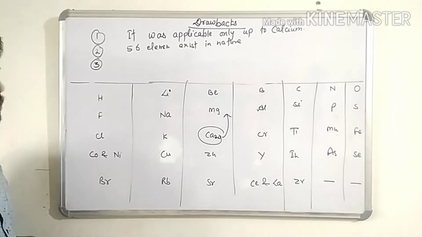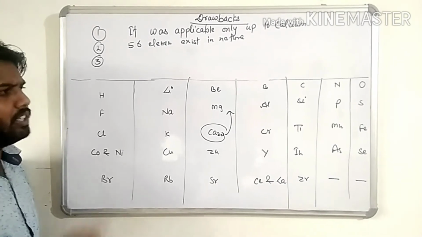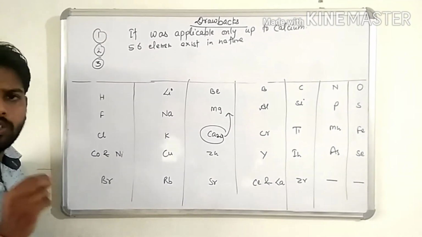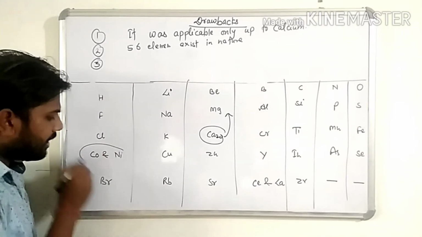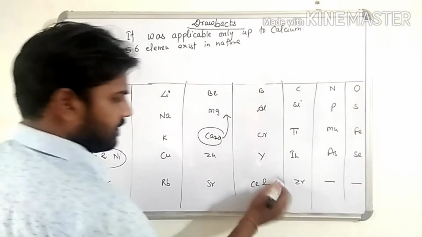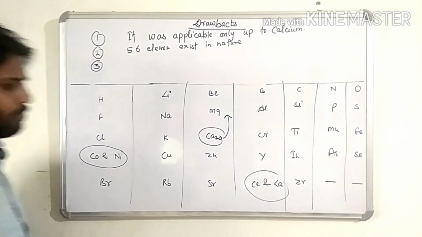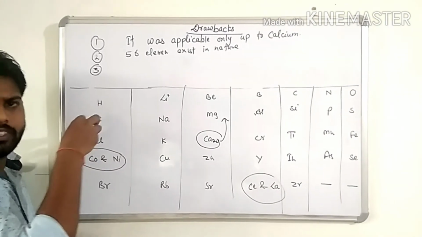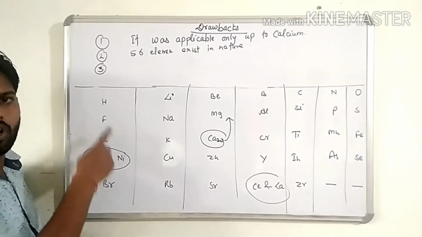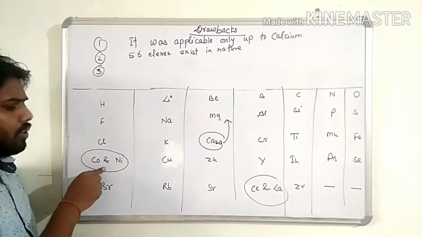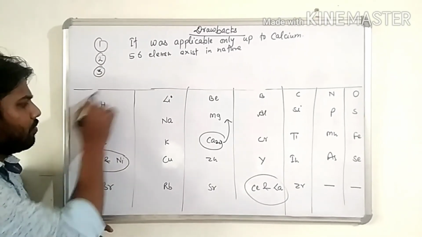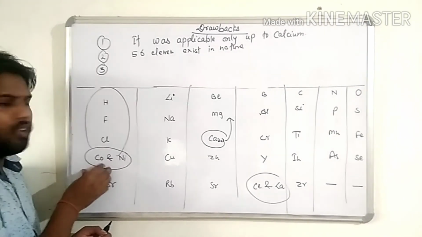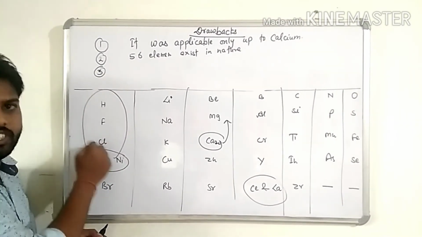there were some slots in the law of octaves in which two elements were put together, like cobalt and nickel. When two elements were put in the same slot, the properties of these elements were not similar to the rest of the elements.